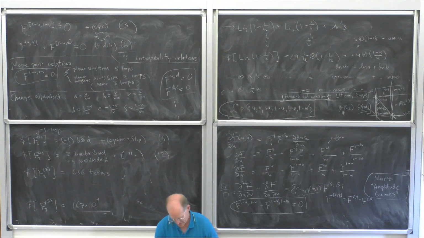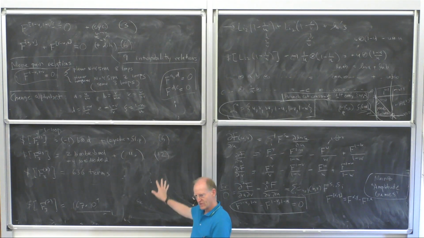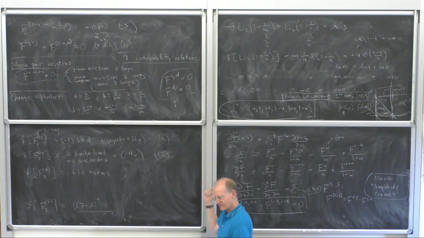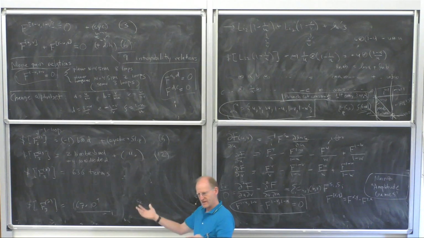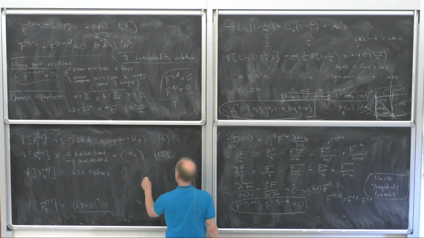So I didn't really have time to explain in more detail how the bootstrapping works, but there are these definite rules that you have to obey, and from that you can construct these spaces systematically. You can do it at the symbol level, you can do it at the level of these coproducts. And then you write an ansatz, or a guess, that's a linear combination of these functions.